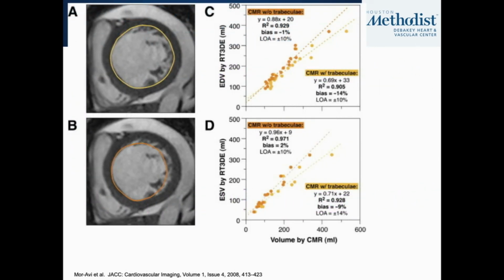And this was explained for the most part by how echo and CMR differ in tracing the LV. It's difficult to resolve the trabeculations of the heart on 3D echo. In this study, when it was done similarly, if you will, on CMR as it's done on echo, the agreement was much better.